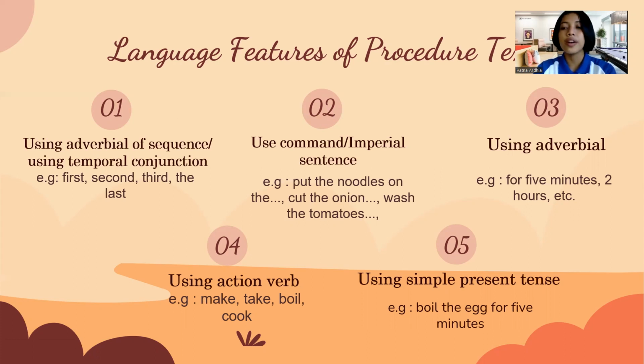For example, for 5 minutes, 2 hours, etc. And the fourth, using action verb. For example, make, take, boil, and cook. And the last one is using simple present tense. For example, boil the egg for 5 minutes, right?